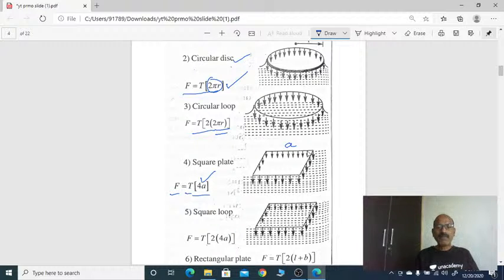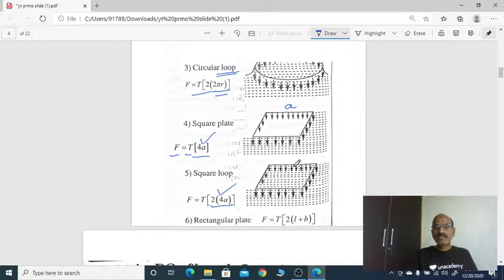Similarly, a square loop has 2 free surfaces. That is, the circular disc is 2 pi r, the circular loop has 2 free surfaces so twice. In the same way, the square plate is only 4 into side, while a square loop has 2 free surfaces, so you need to multiply by twice.